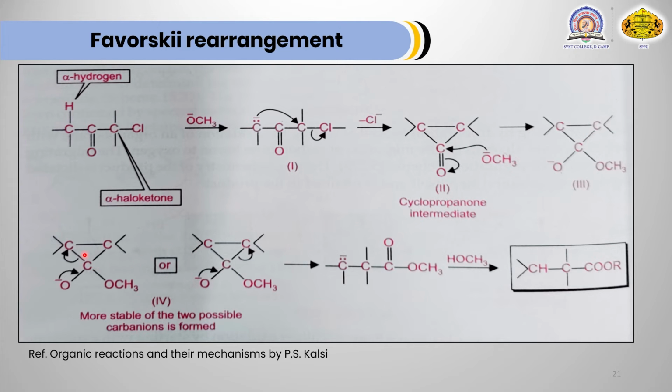In this case, as it is a symmetrical molecule, ring opening can take place from any side. After ring opening, we get this carbanion as an intermediate. It abstracts a proton from solvent or water, and finally the final product is obtained.